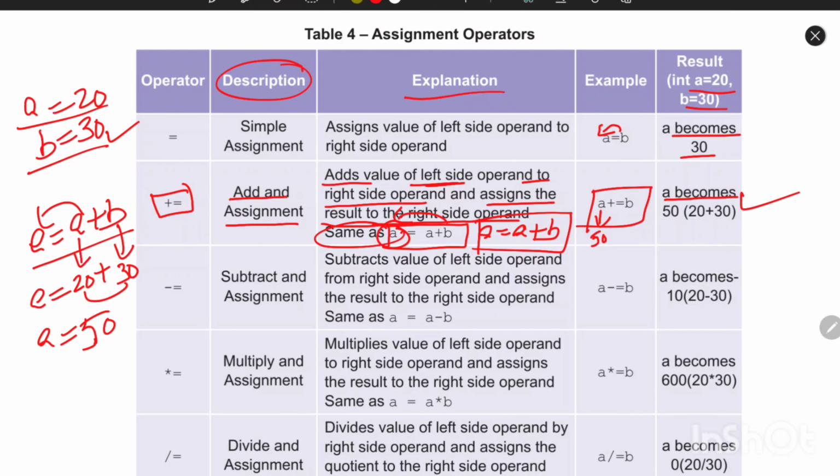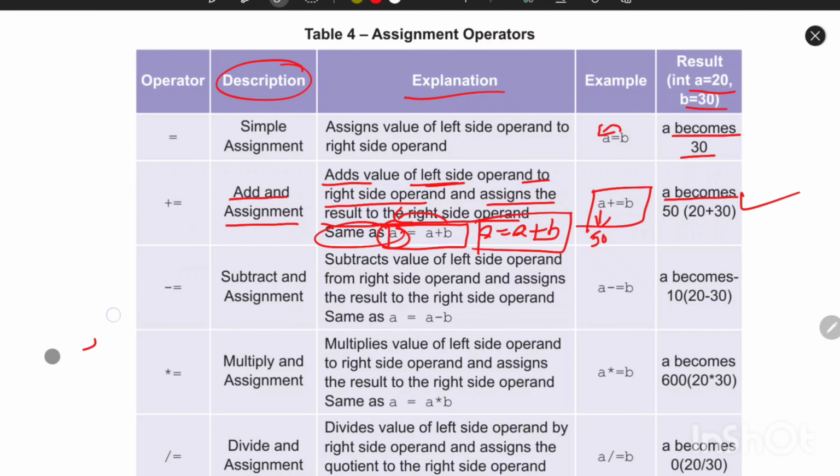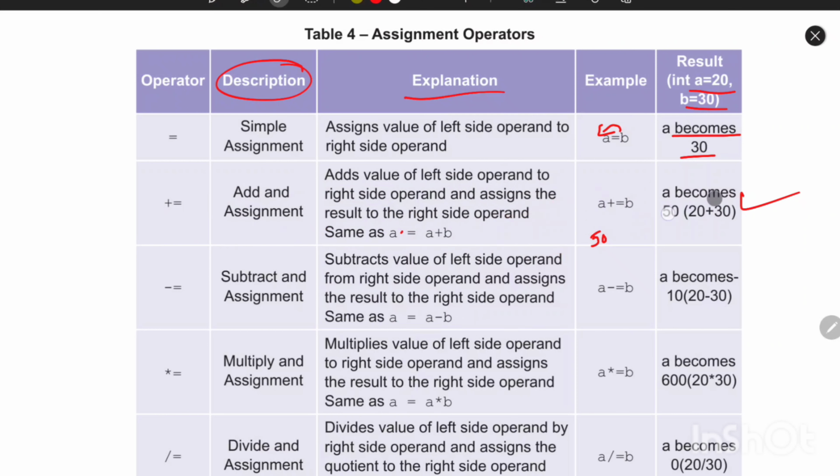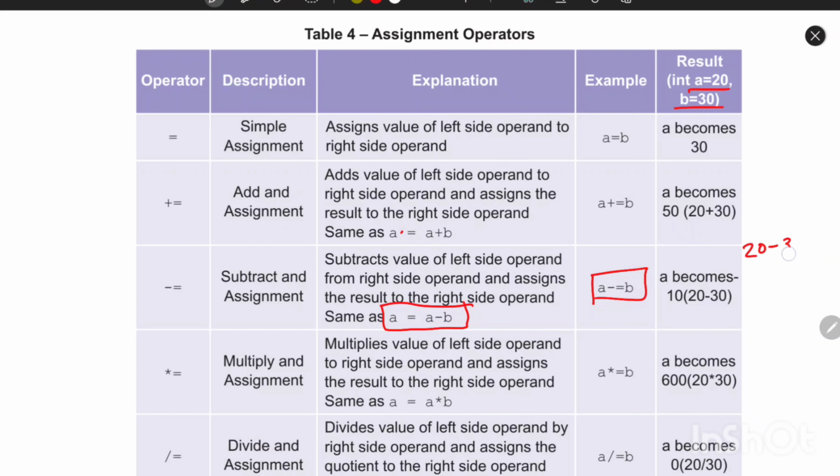Just like that, if we are writing minus equals to, the minus operation is going to be performed with the other variable. So if we have a equal to 20 and b equal to 30, and we write it like this, or this way also, then 20 minus 30 will become minus 10.